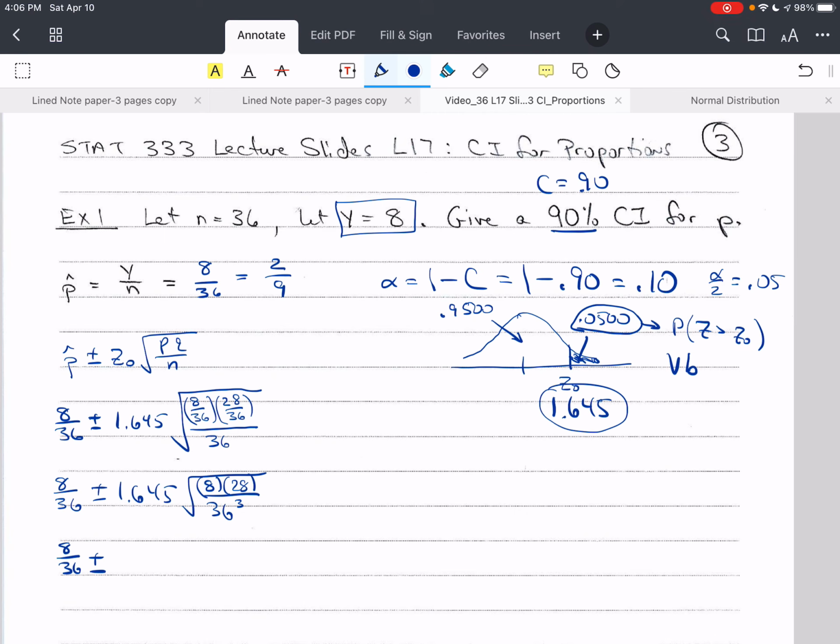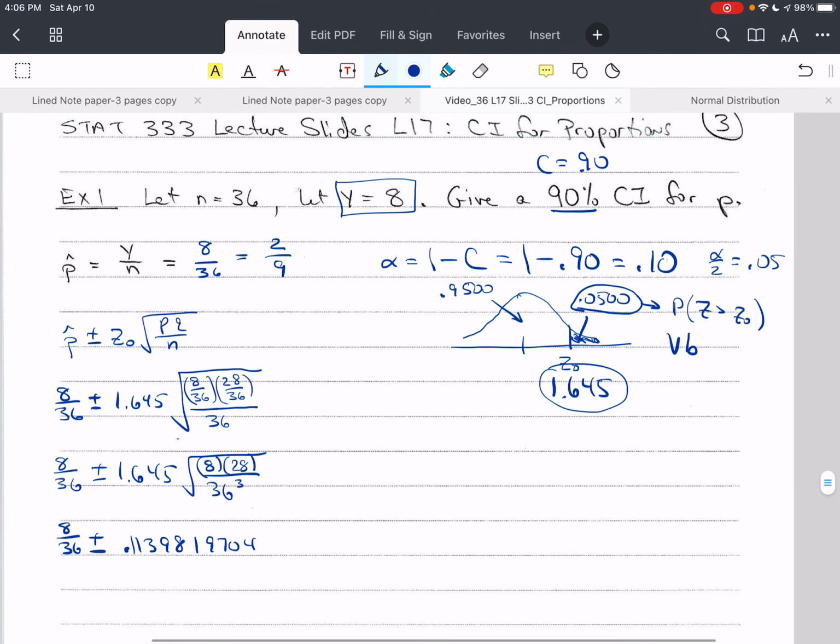times 1.645. And that is 0.1398197004. I'm going to round this to 3 decimal places. I want my answer to 3 decimal places, let's say. We can't round before then, but now we can round to 3 decimal places.